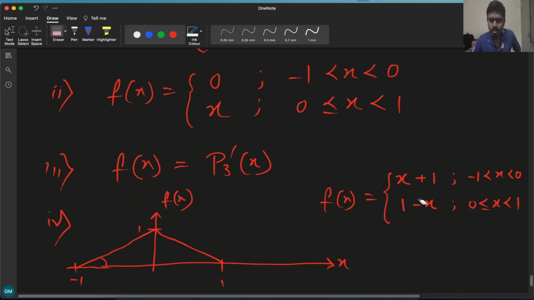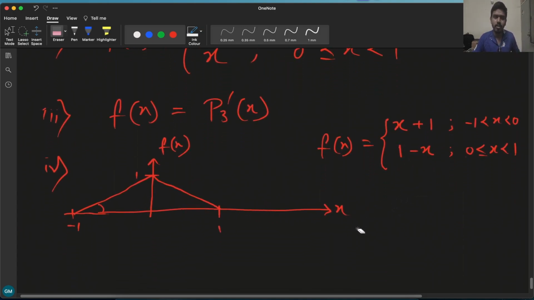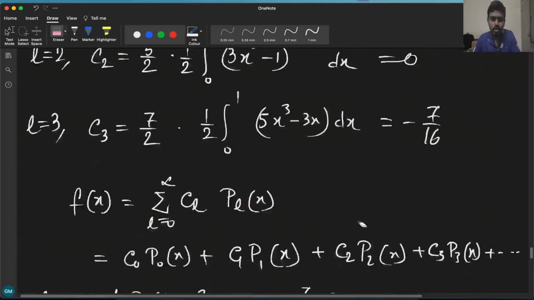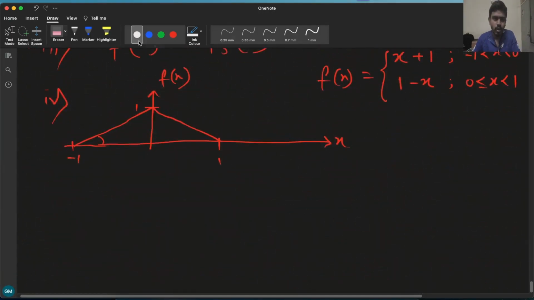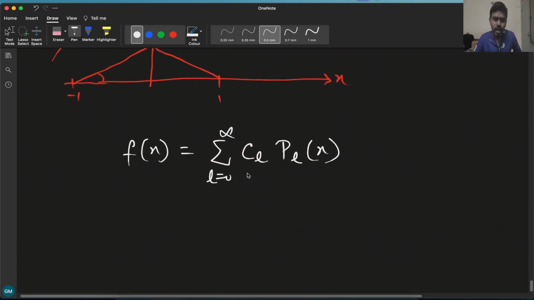So the function will look like this expression, and what you need to do is find f(x) as the sum over C_L P_L(x), L equals 0 to infinity, and you need to find the C_Ls.